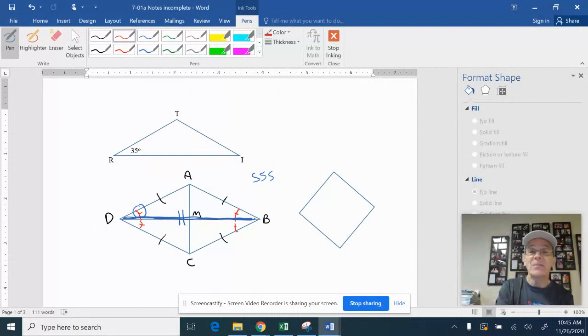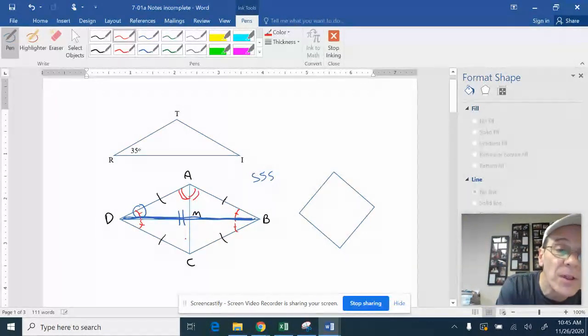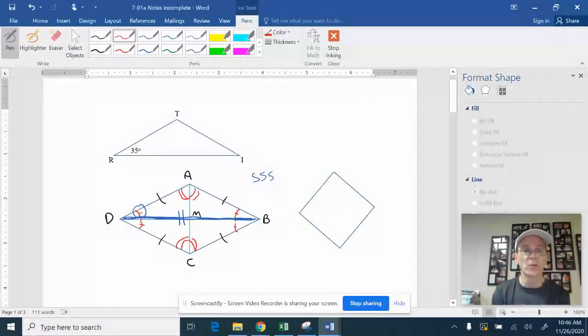We could do the same exact reasoning to prove that this angle, this angle, and this angle are all congruent to each other, all four of those angles. And they certainly look congruent to each other again, don't they? Don't they all four look like they're about, I don't know, 60 degrees, right? But again, looking like it is not the reason. Okay. It's fairly easily proved.